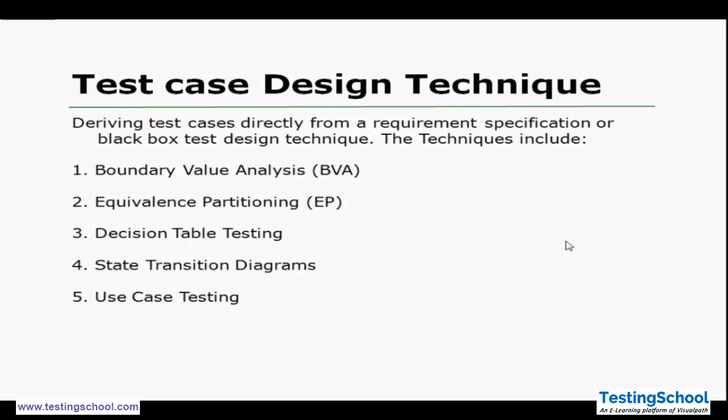Then we have state transition. In state transition, we change the state of the system and then verify the application. Then we have the use case. A use case is something like you have previously tested this application, and now you are testing based on your previous use cases.